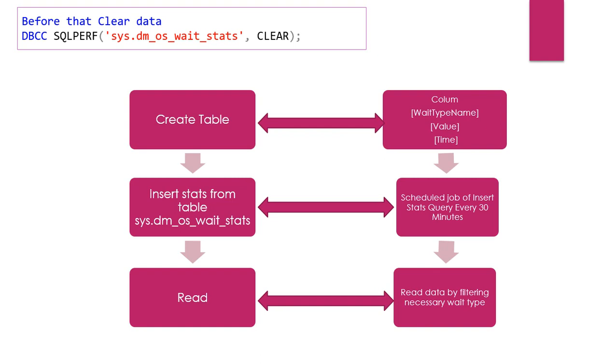In addition, a DBA can clear the statistics manually using this command: DBCC SQLPERF, with 'sys.dm_os_wait_stats' in quotation, comma, CLEAR. It will clear the cumulative wait statistic information. It is not required to clear out wait statistics on a regular basis.